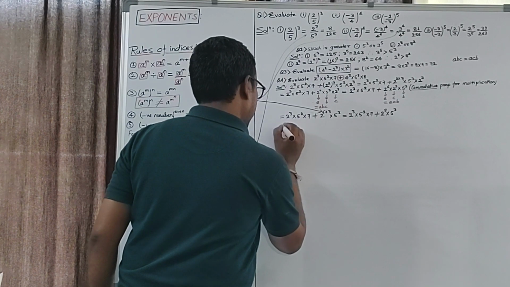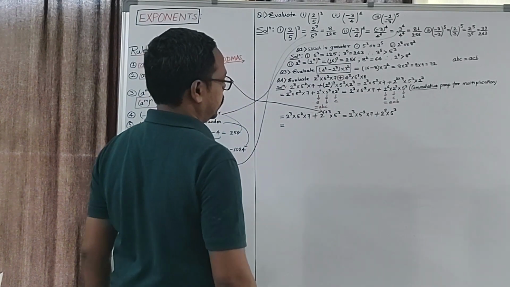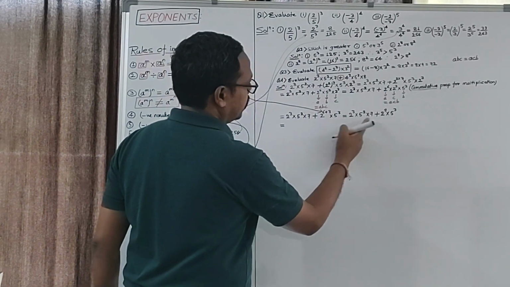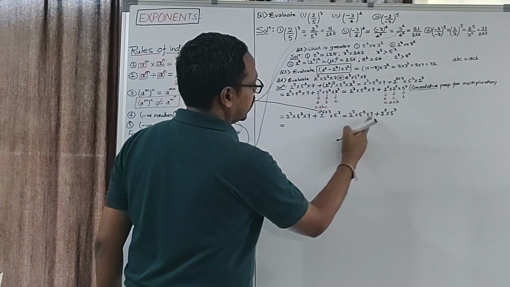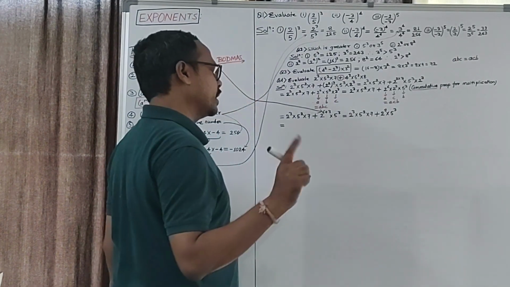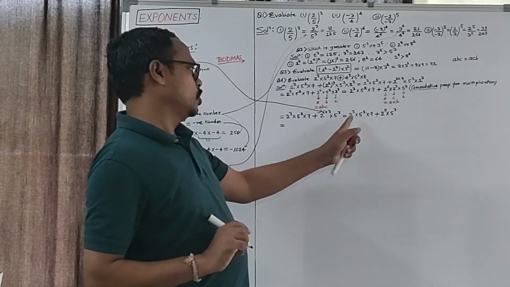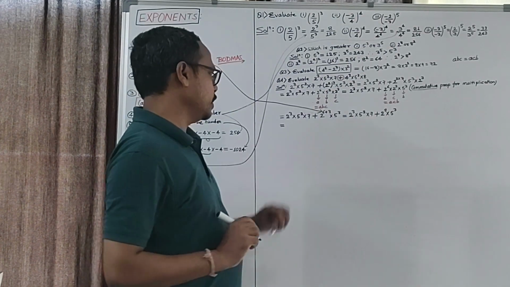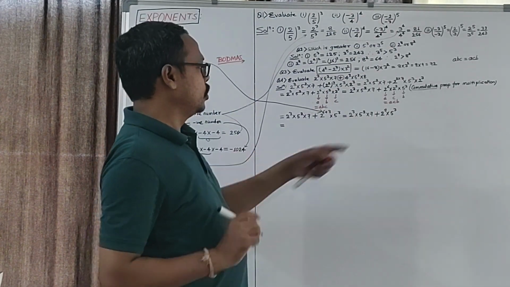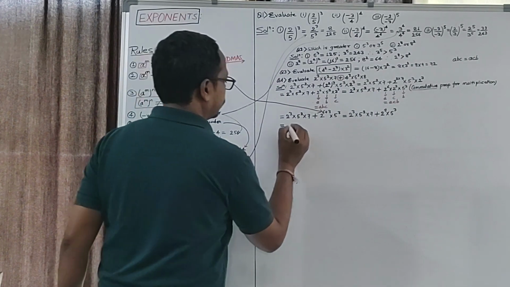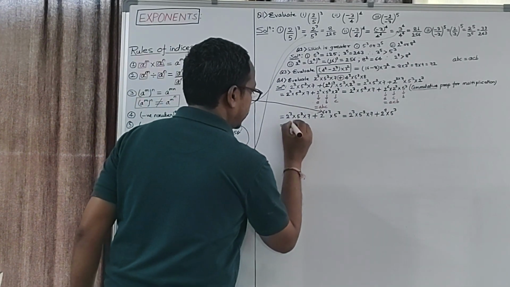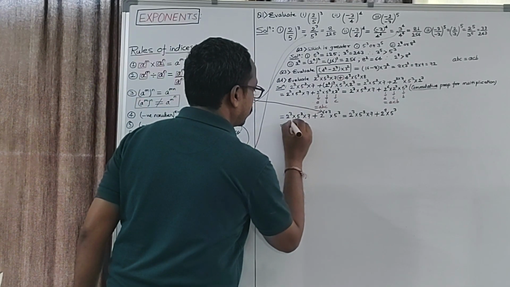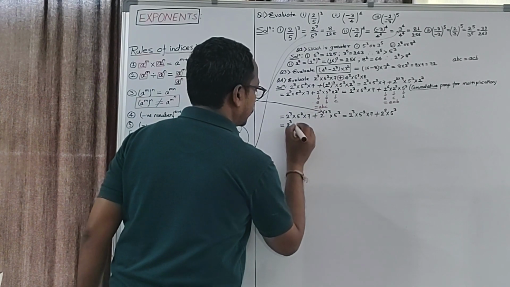So now think what you can take common. You can take 2 to the power 3. 2 cube, of course, and then 5 square, we can take common. So we take it as common, and we are going to use the distributive property.